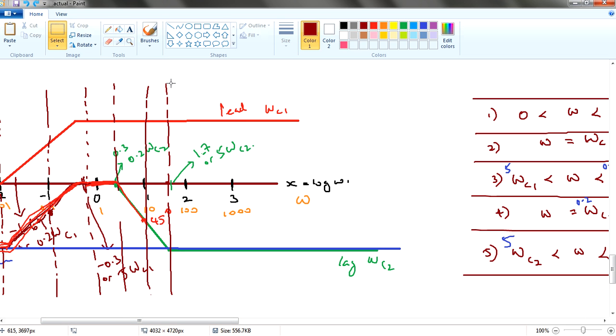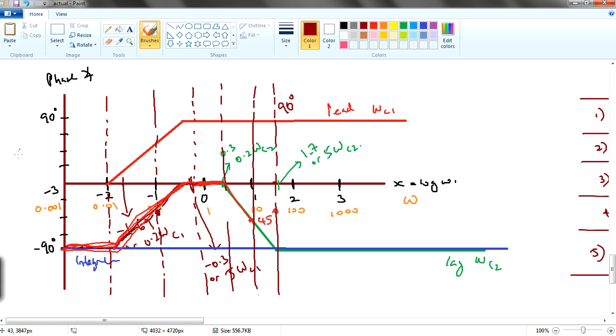So at this particular line, you have 90 degrees. Let me label. You have 90 degrees over here, right? And then the green color line is times 2 because there are 2 lags, 2 times minus 90 degrees. And then the blue integrator line is also at minus 90 degrees.